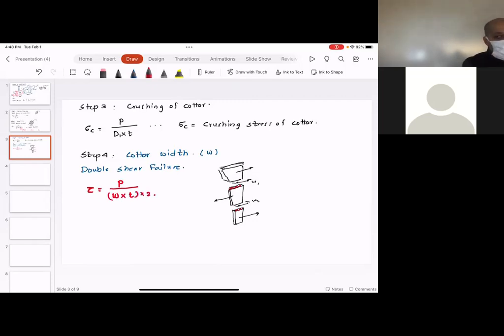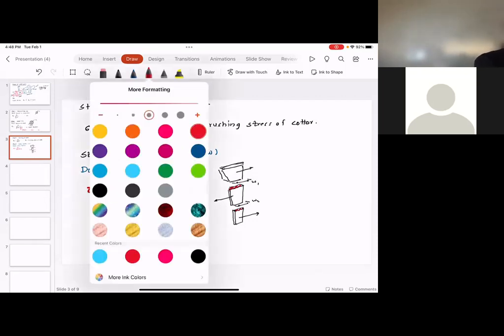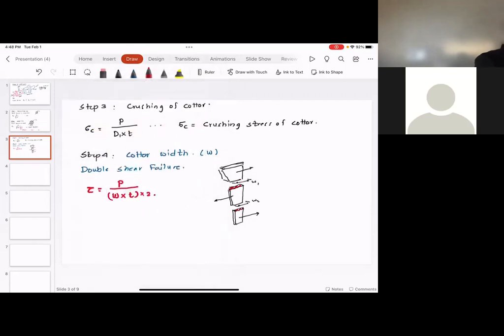Please note, we already found out the value of T in the past step, which is step number 2. Substitute that value of T, substitute the value of tau for quarter, and from here, we should be able to find out the width of the quarter.